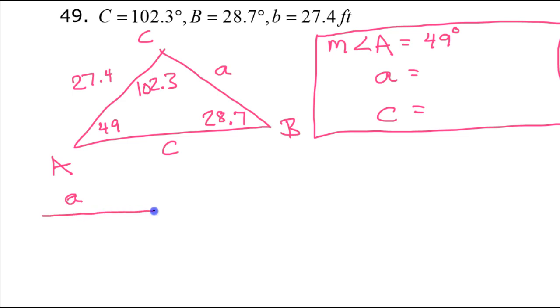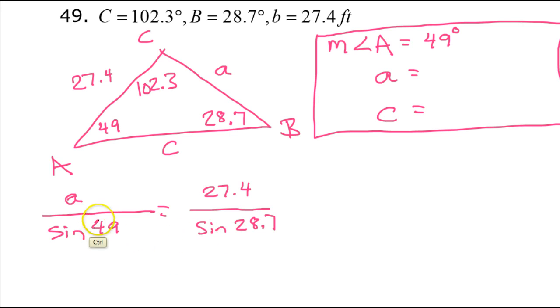So I have side A over the sine of angle A, and that's going to equal side B, 27.4, over the sine of angle B. I can get A by itself if I simply multiply both sides by sine 49. That way these will cancel each other out, leaving A by itself.